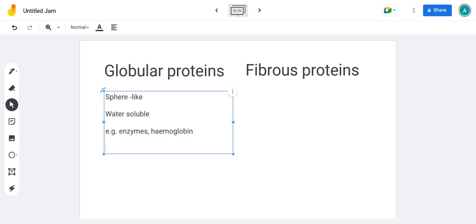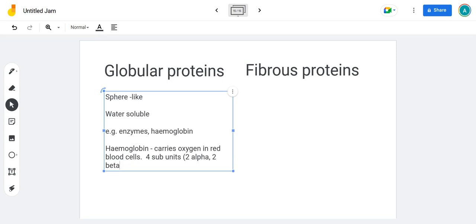And you need to know specifically a few facts about hemoglobin. So hemoglobin is the molecule that carries oxygen in red blood cells. As we said a minute ago, it's made of four subunits. It has a quaternary structure made of four subunits, and the names of those subunits are two alpha subunits and two beta subunits.